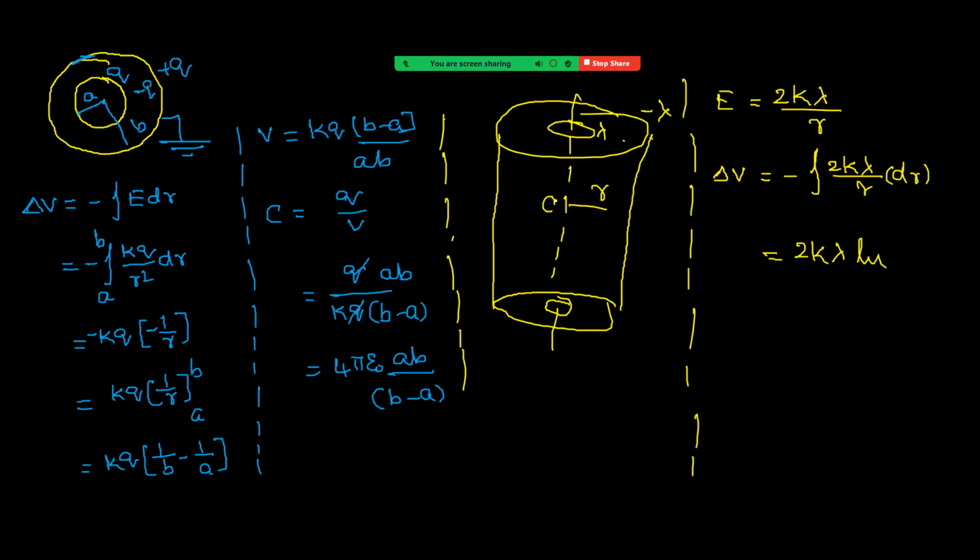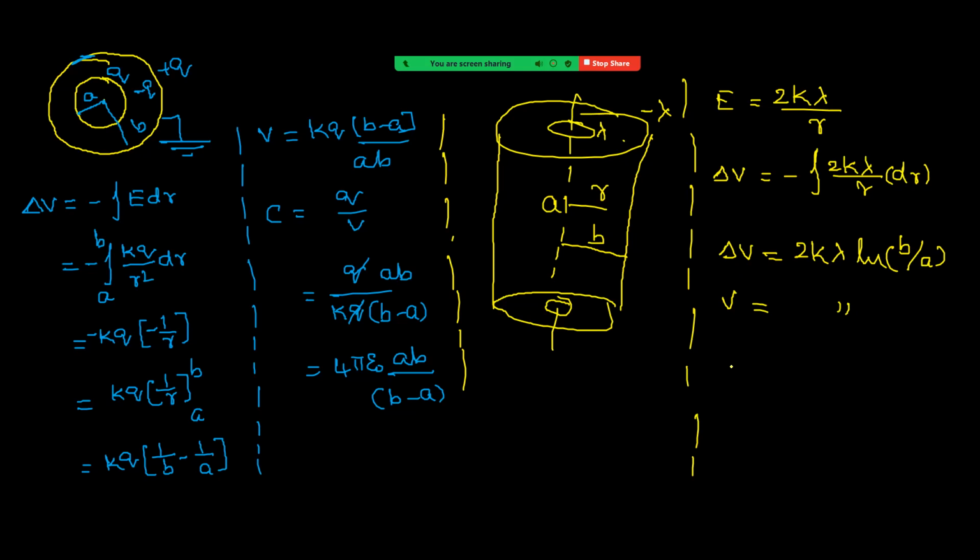If the inner one is A and the outer one is B, the radii A and B, now taking limits here, it is ln B by A. This is potential of the inner one minus potential of the outer one, because potential of the inner one is higher. Let us call it V. So V equal to 2k lambda ln B by A.